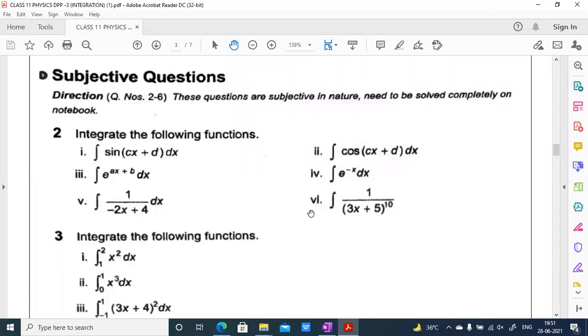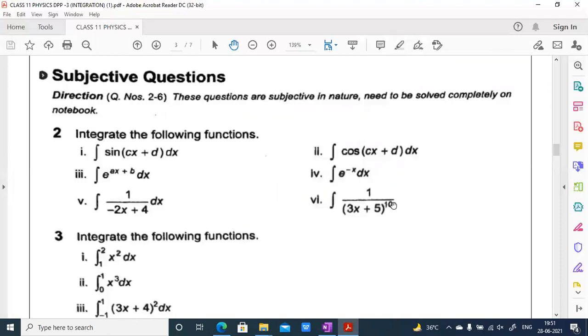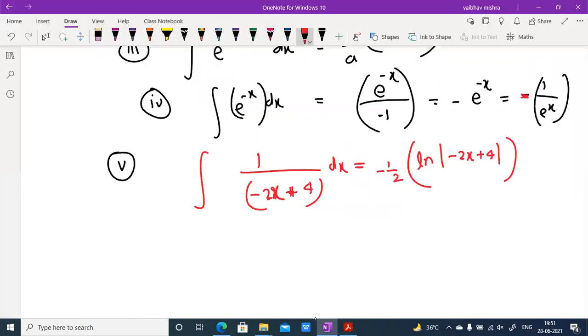Yes, what's the answer? Anyone? Is it for the sixth one, right? Yeah, there's a dx missing. Is it 10 by 3 ln 3x plus 5?